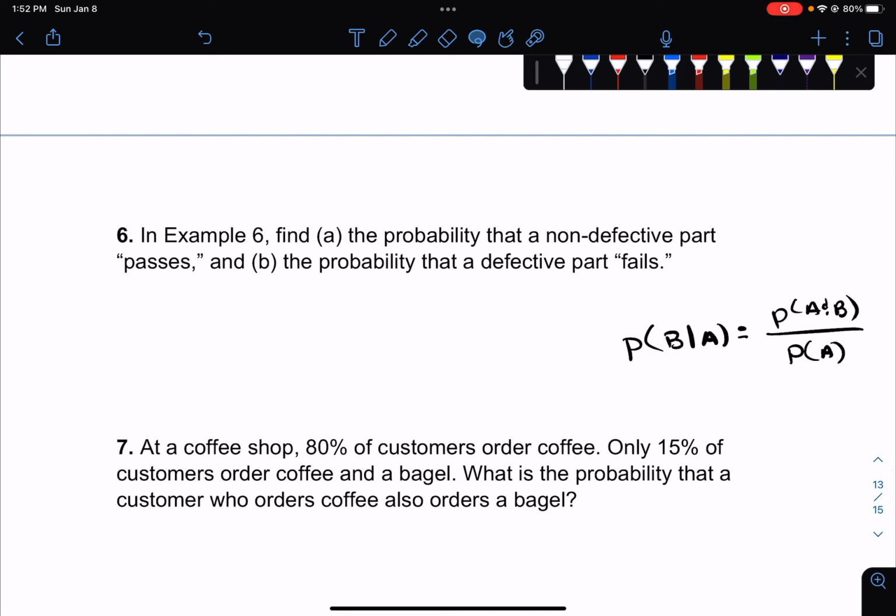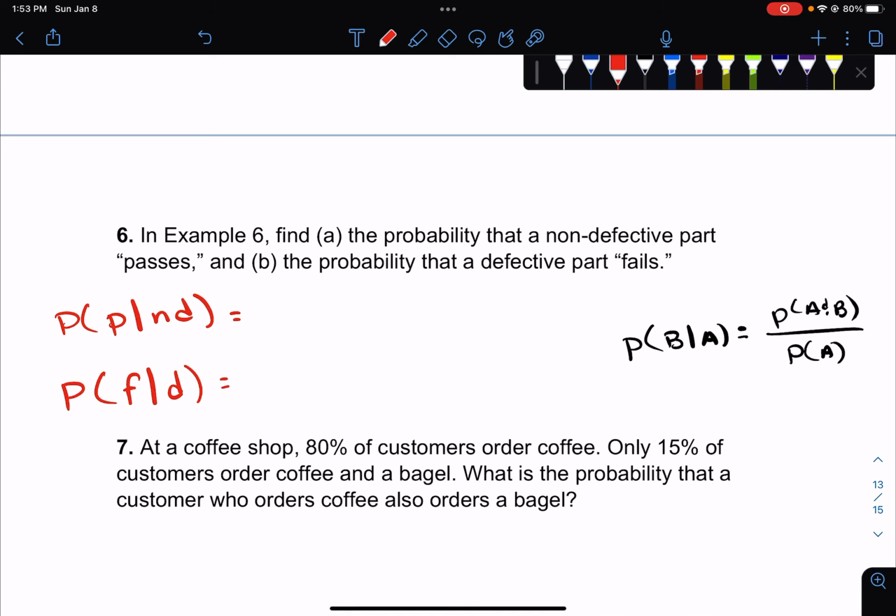Find the probability that a non-defective part passes. So the probability that something passes that is non-defective, and the probability that a defective part fails. So something fails if it's defective.